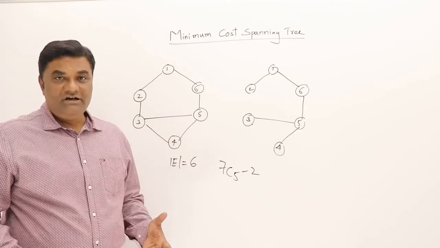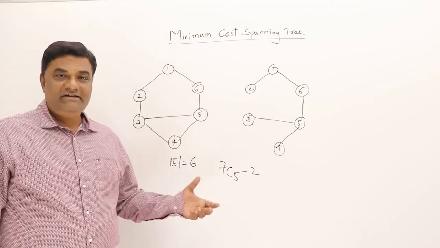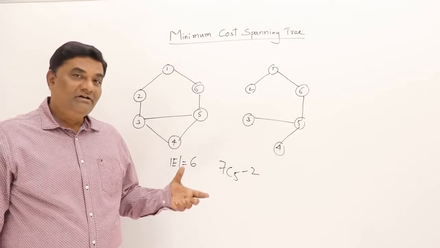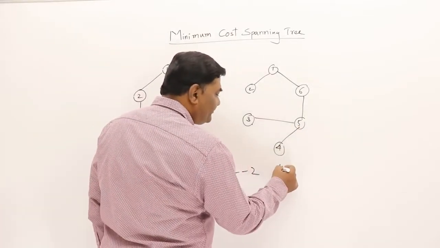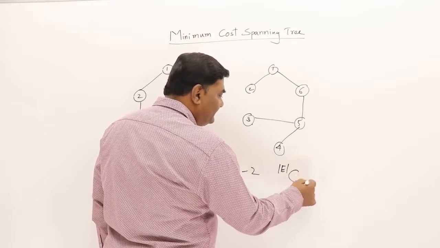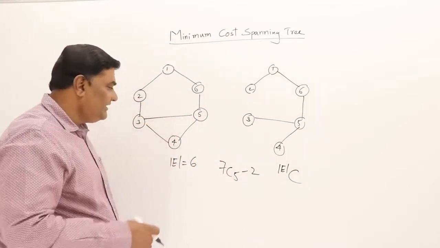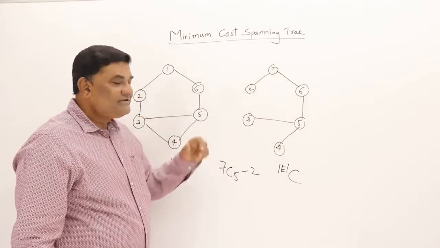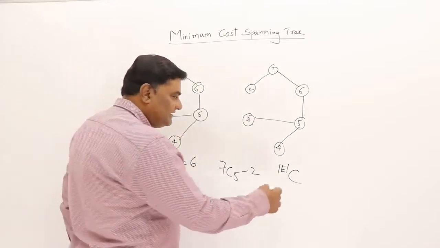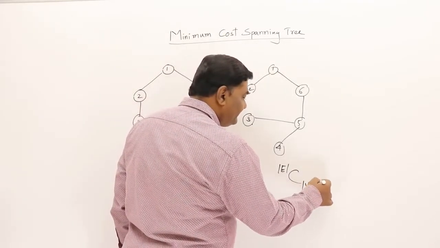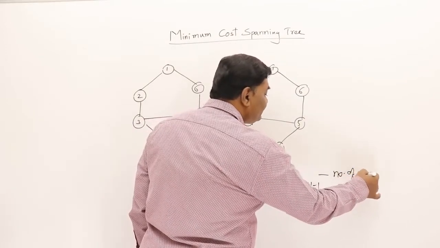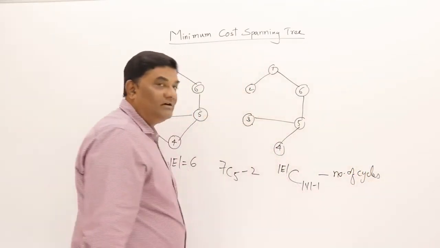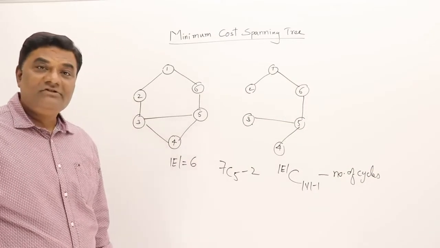So what's the formula to know how many different spanning trees are possible from a given graph? Whatever the number of edges you have, you should take all those and see how many edges you need. You need 5. So 5 is what? Number of vertices minus 1, and minus the number of cycles. You have to subtract the number of cycles.